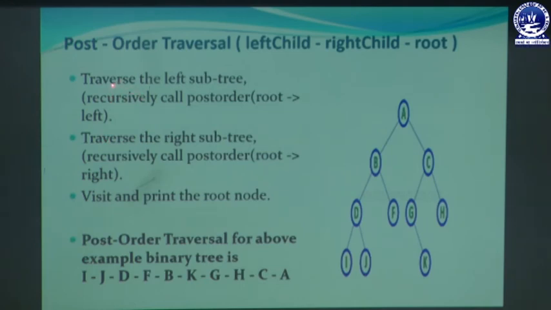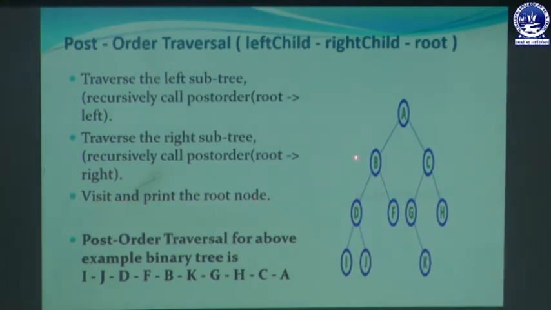In the first step, traverse the left subtree, that means recursively call post-order from the root to the left. Next, traverse the right subtree, recursively calling post-order, that is root right, and then lastly visit and print the root node.